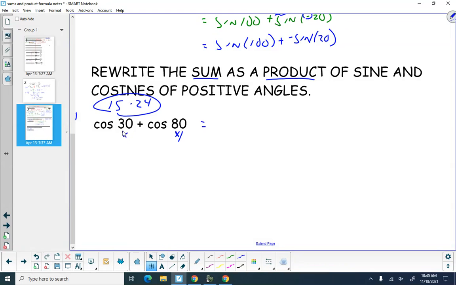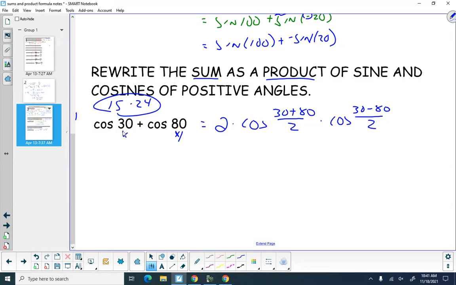So we expand that out. We have 2 times the cosine of x plus y divided by 2, times the cosine of 30 minus 80 divided by 2.